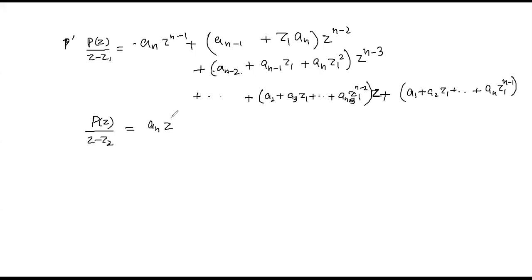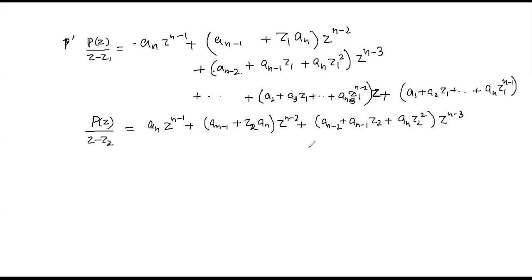an z raised power n minus 1. कोई फर्क नहीं पड़ेगा. यहाँ होगा an minus 1 plus z1 थोड़ा सा एक. लेकिन मुझे लगता है बेसिक आइडिया तुम समझ गए. अगर तुम घर पे भी इसके बाद एक कर सकते हो. हाँ यहाँ पे z2 आएगा सॉरी है ना. an minus 2 plus an minus 1 into z2 plus an into z2 square whole into z raised power n minus 3.